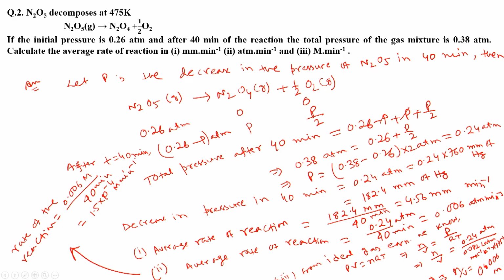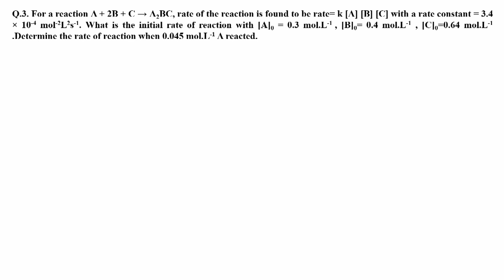This is very interesting problem. Now, we move to problem number 3. It says, for a reaction A plus 2B plus C goes to A2BC, rate of the reaction is found to be rate equals K times concentration of A times concentration of B times concentration of C, with a rate constant 3.4 times 10 to the minus 4 mole to the minus 2 L squared s to the minus 1.